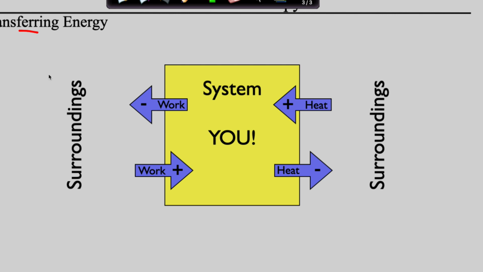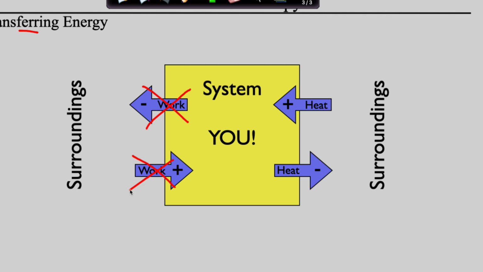You good? Ready? Now we're going to get rid of work. We are going to assume, pretend, we are going to simplify the system. We're going to simplify the picture. And we are going to talk about processes that can't do work.